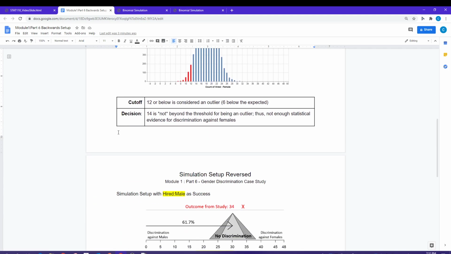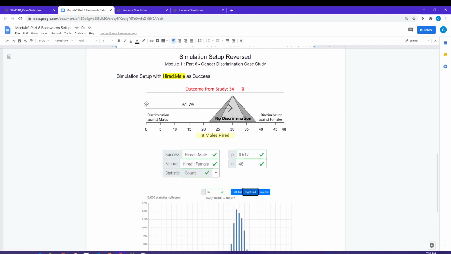Next, let's show you what happens if I identify my setup as hired males being a success. So my reference distribution now is going to keep track of the number of males hired. The outcome from the study here is not going to be 14, but it's going to be 34. Remember, there were 48 total individuals, and 14 of those hired were females.